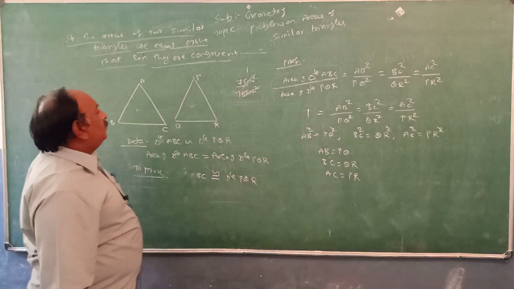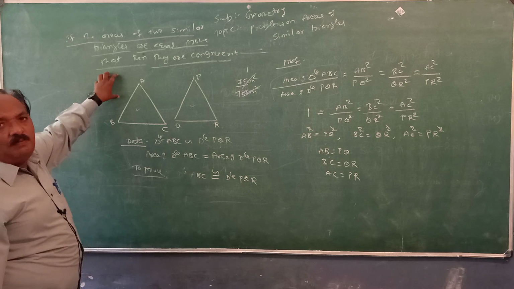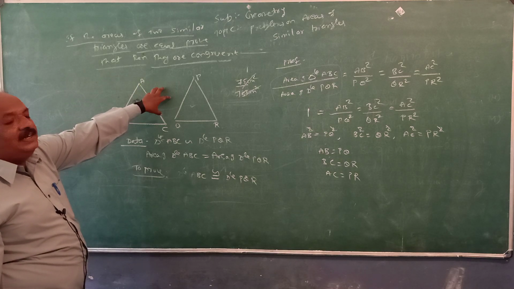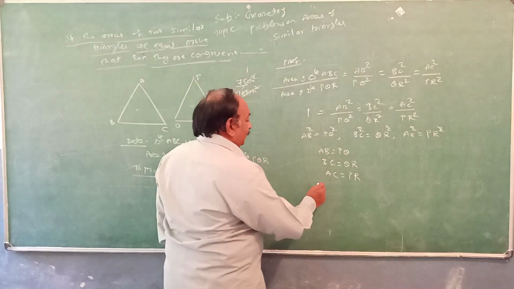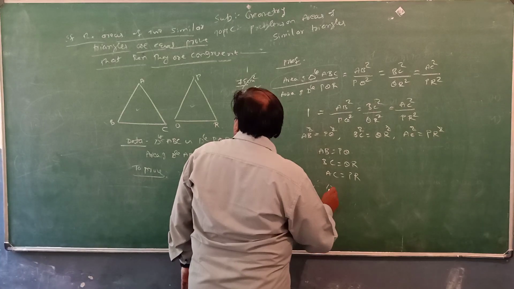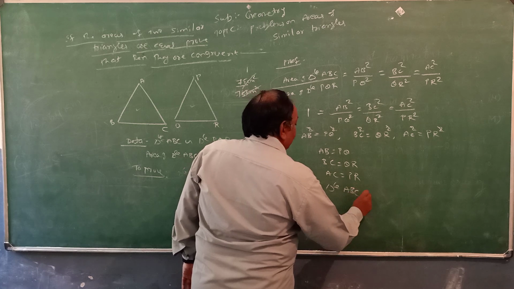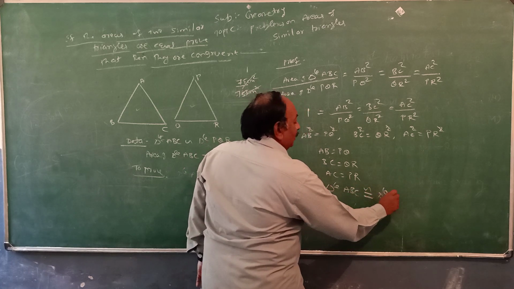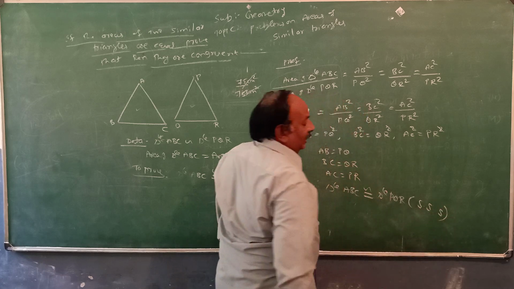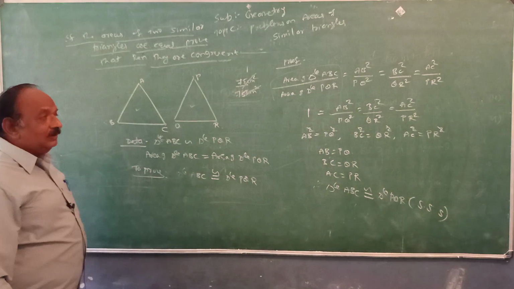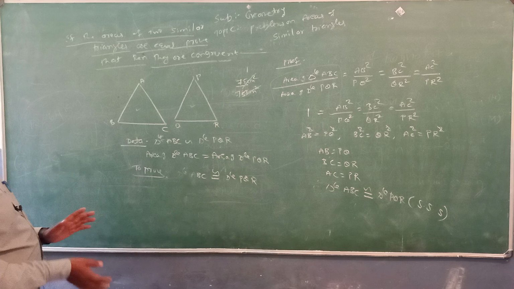In the 8th standard you studied that if 3 sides of one triangle are equal to 3 sides of another triangle, those two triangles are said to be congruent. Therefore, triangle ABC is congruent to triangle PQR because of the SSS postulate. So we have proved this problem.